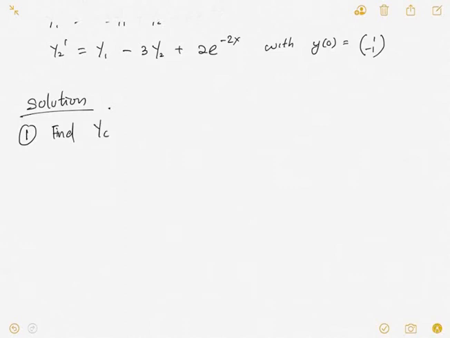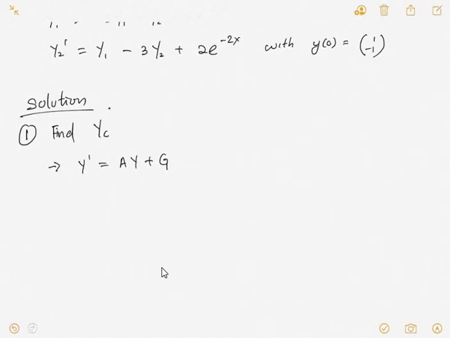In order to find yc, in the previous example you learned how to convert the first order differential equation into matrix form first. The matrix form is y prime equals Ay plus g. For the homogeneous case, y prime is equal to Ay, but for the non-homogeneous, it is plus g, the non-homogeneous part.